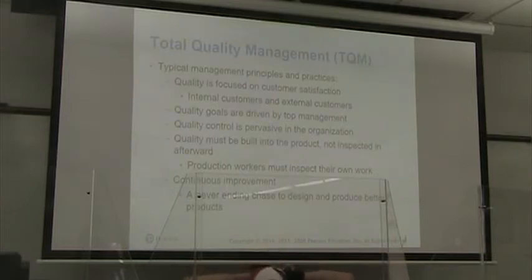Fourth, quality must be built into the product, not inspected in afterwards. And as a corollary to that, that production workers must inspect their own work. And fifth, that continuous improvement is a never-ending chase to design and produce better products.